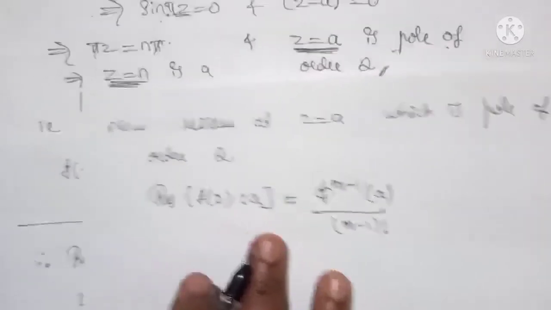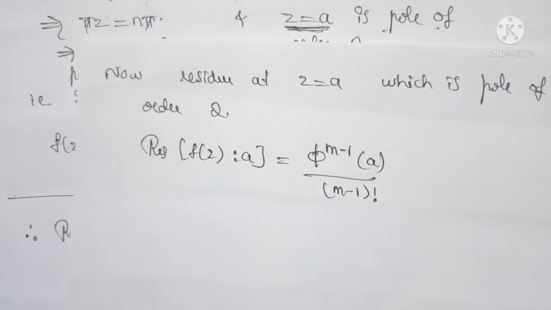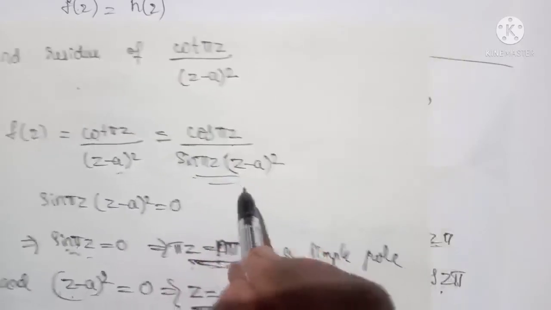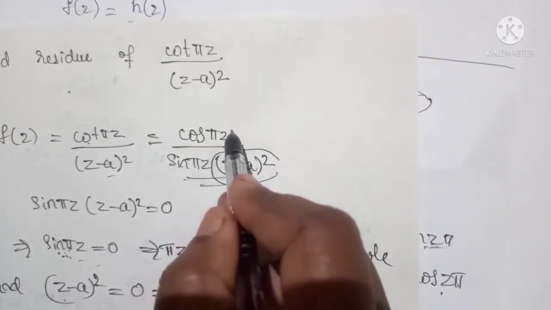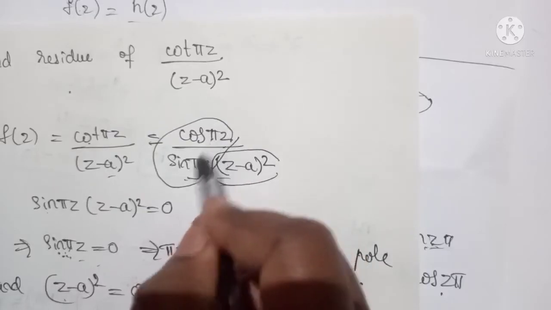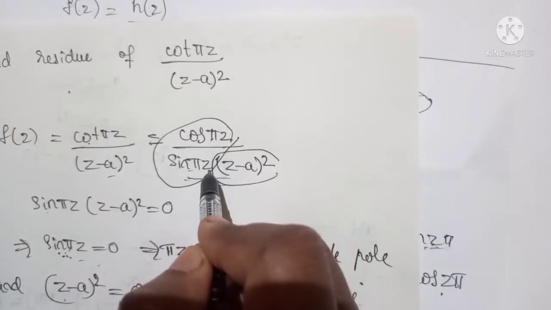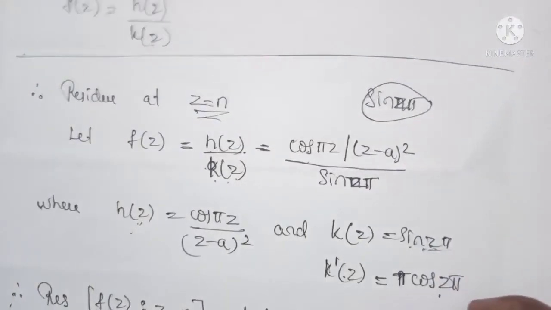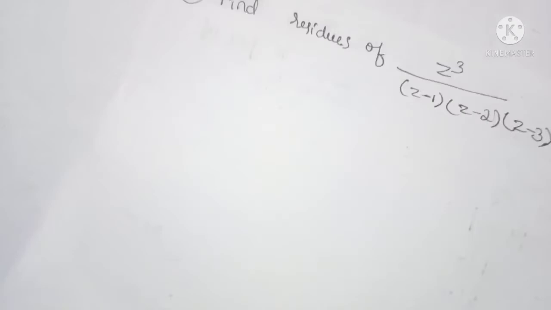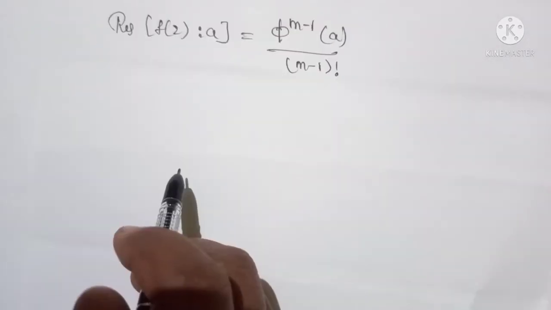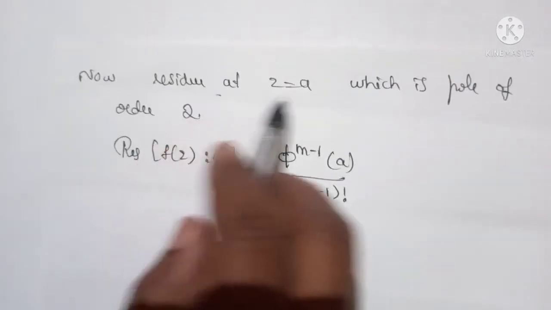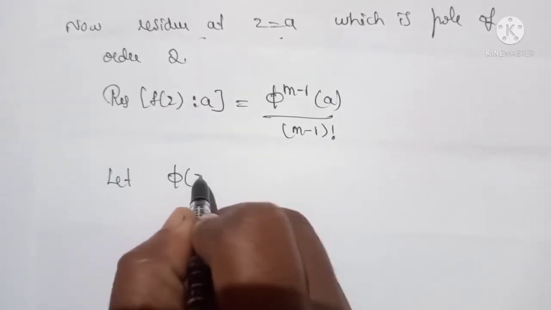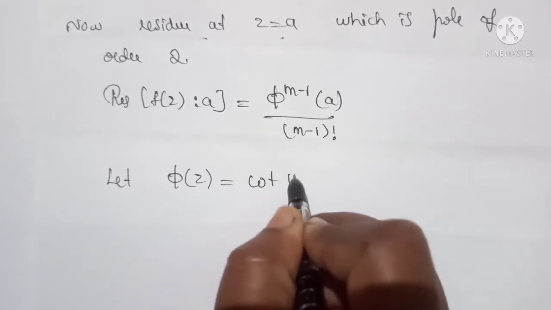You can observe the given function. Except z minus a, we take cos pi z by sin pi z, so phi of z equals cot pi z.